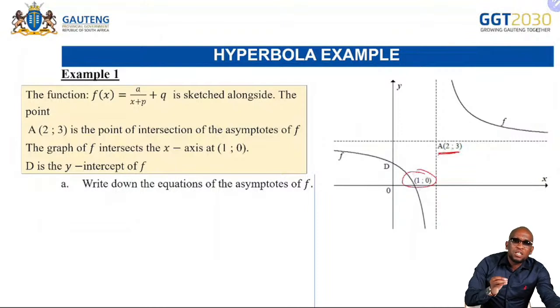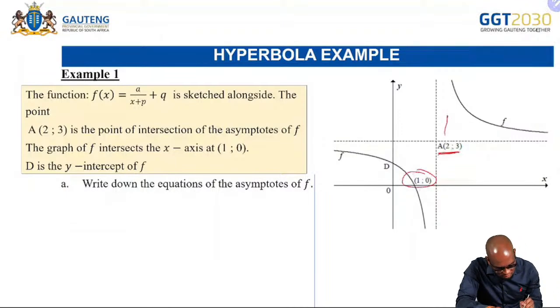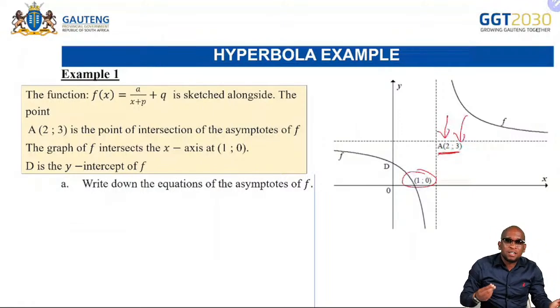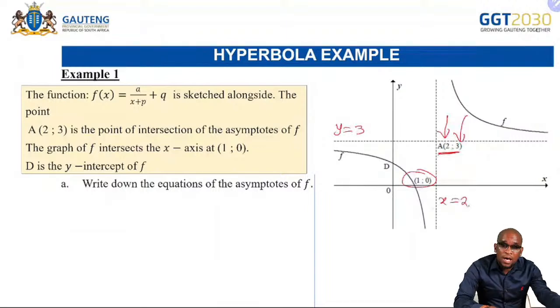Now it's important here to note that we are given a point of intersection of those asymptotes. So we are given the value of x here and the value of y, which means we know what the asymptotes are. Remember, at times they would just write y is equal to 3, and x is equal to 2. And then if they ask you to write down the equations of the asymptotes, it's easy for you to do so.